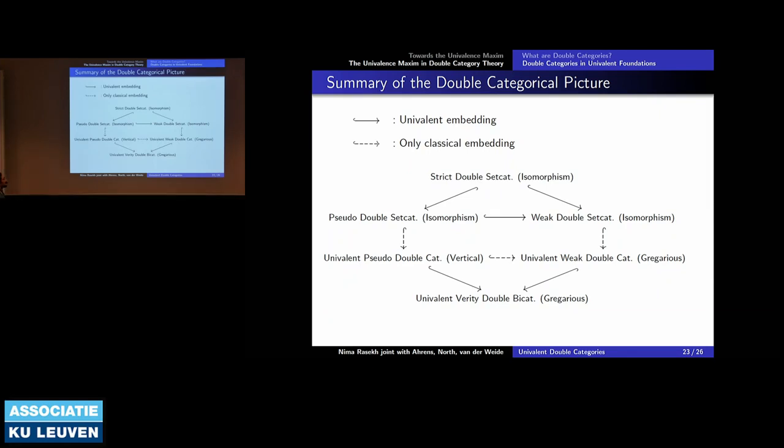Let me think. My guess would be that for the univalent pseudo double categories, I don't know exactly how the tensor product behaves, because for pseudo double categories the composition is weak in one direction, and the weakness comes from the squares.